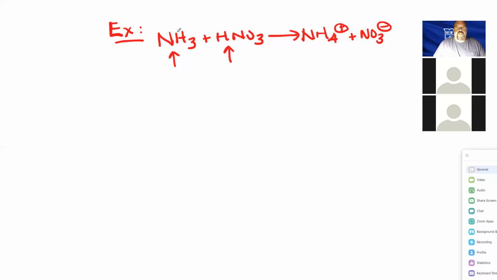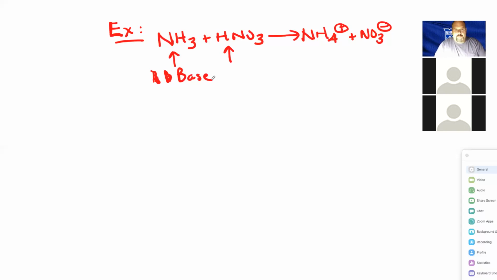In order for the NH3 to become NH4 plus, it had to accept a proton from the HNO3. And therefore, the NH3 would be classified as a base. So that's the NH3.